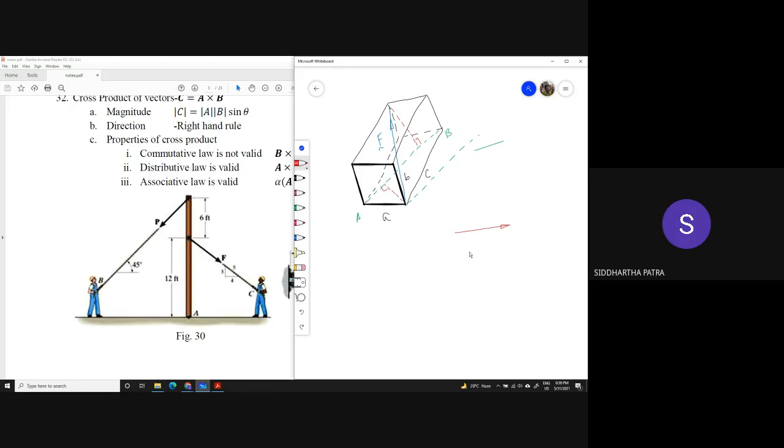The algebraic sum of it, okay, should give you the moment about all the forces about point A, which means I can also resolve F into its x and y components, okay, and then be taking moment about point A, right?